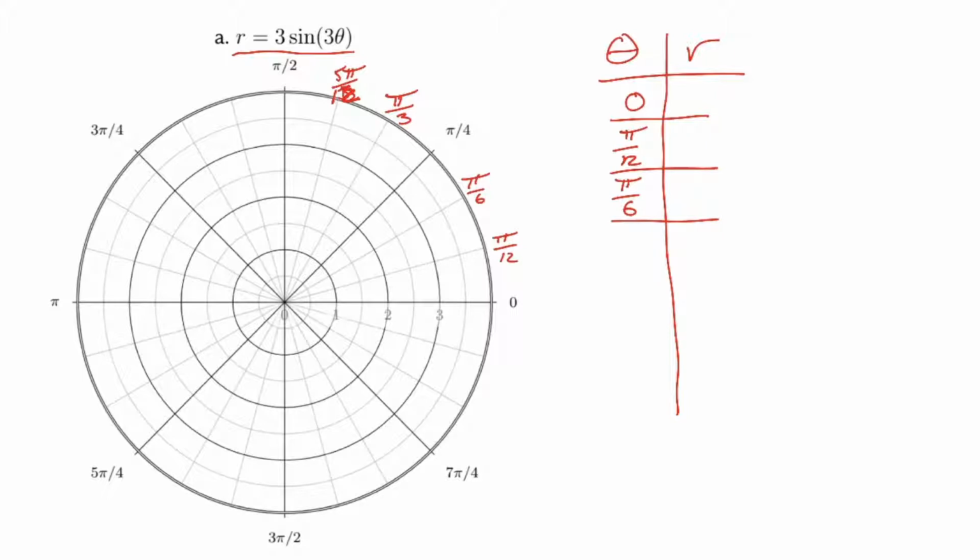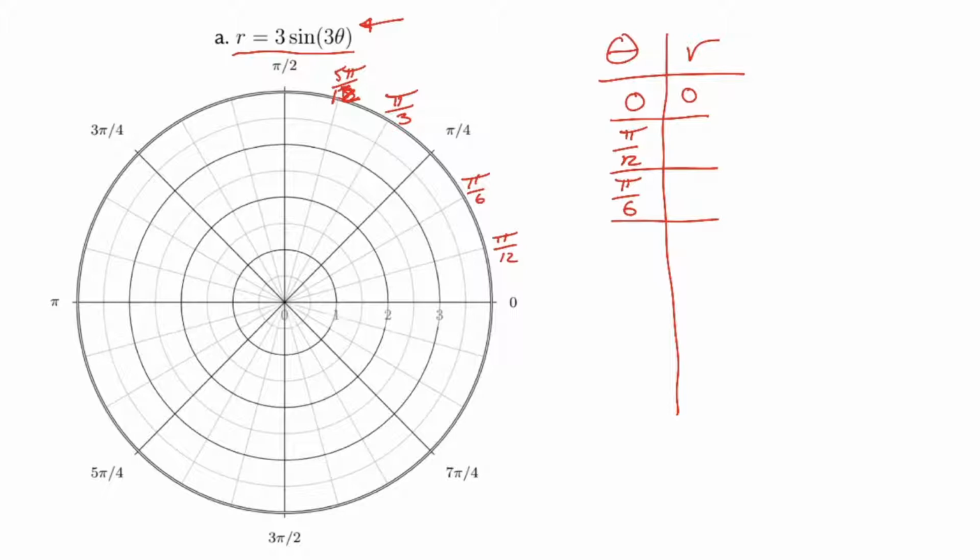0, the 3 times sine of 0 is 0. If you need to, you can punch this into your calculator, and I'm going to show you in just a bit how to actually graph this on your calculator, but there's that particular point. Pi over 12, we get 3 times sine of 3 pi over 12, and 3 times pi over 12 is pi over 4.